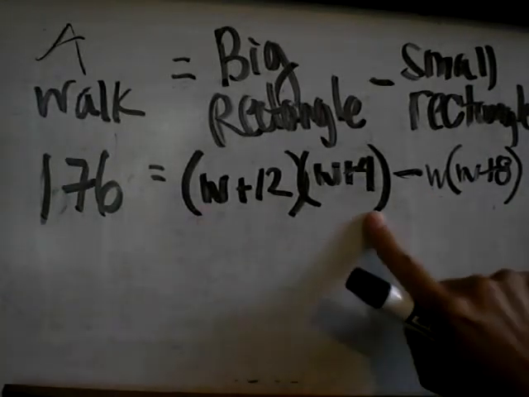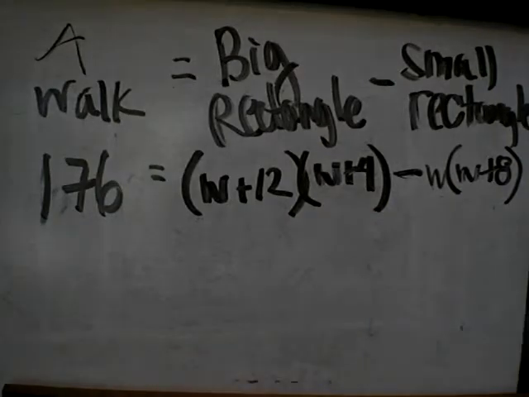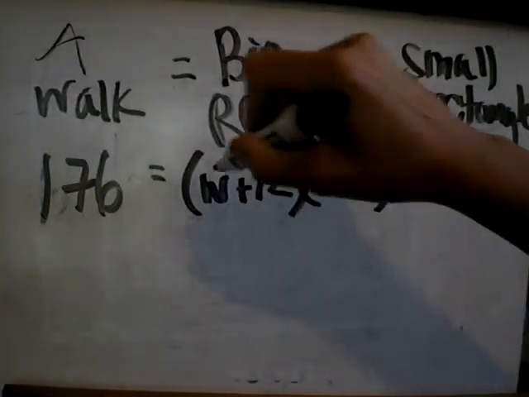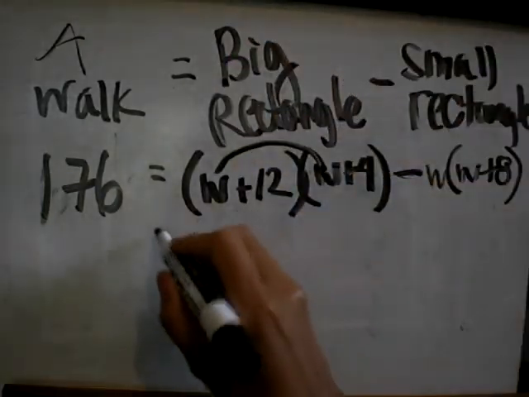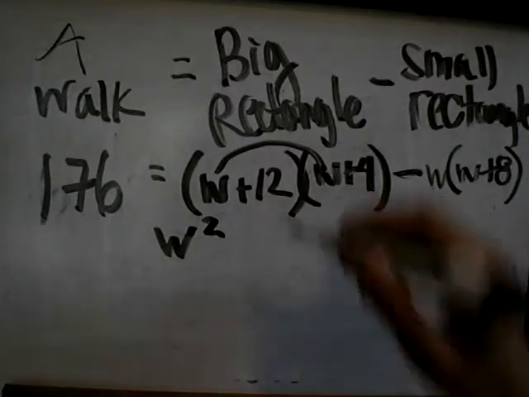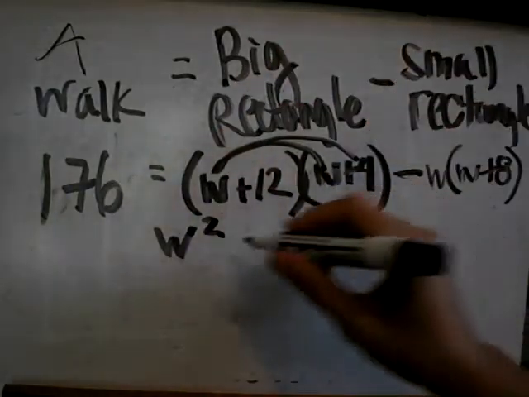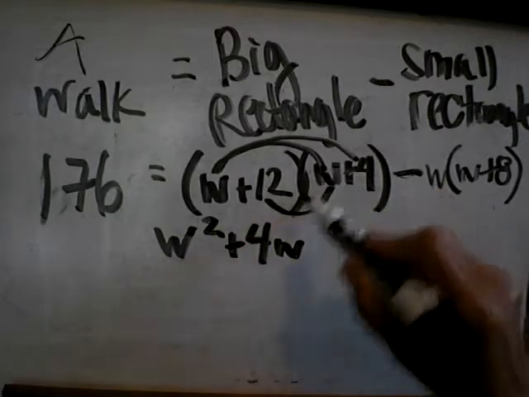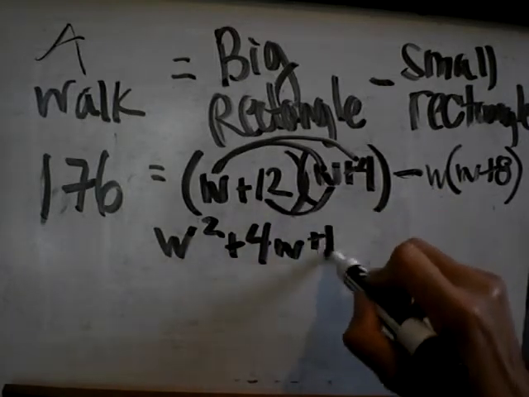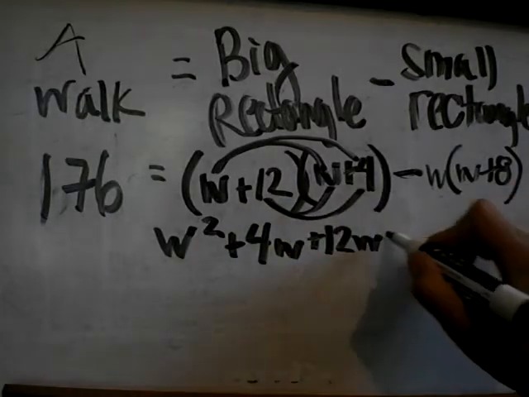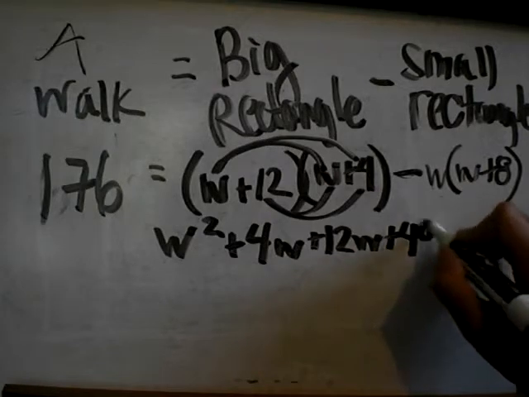Okay, so just by looking at this, we know we're going to have to do distributive property over here. And then over here, we're going to have to FOIL. Okay, so let's go ahead and FOIL this. So we're going to multiply these two. So we get W squared, times that, so plus 4W, multiply these two, 12W, multiply these two, you should get plus 48.